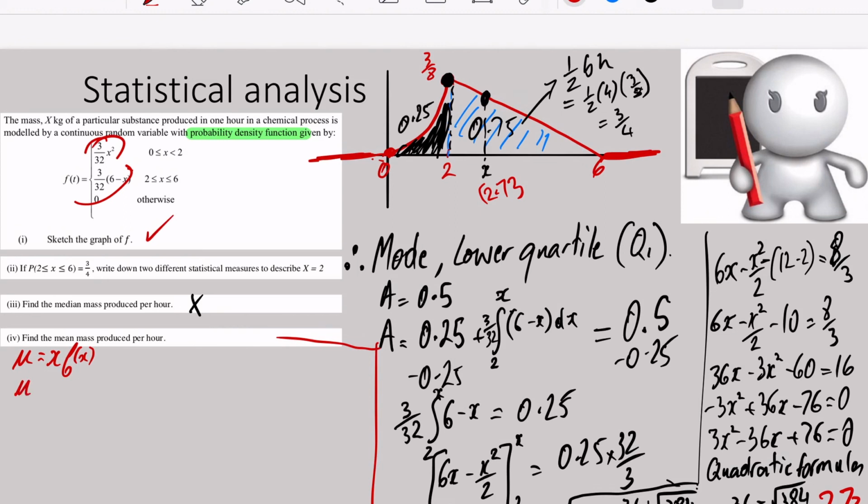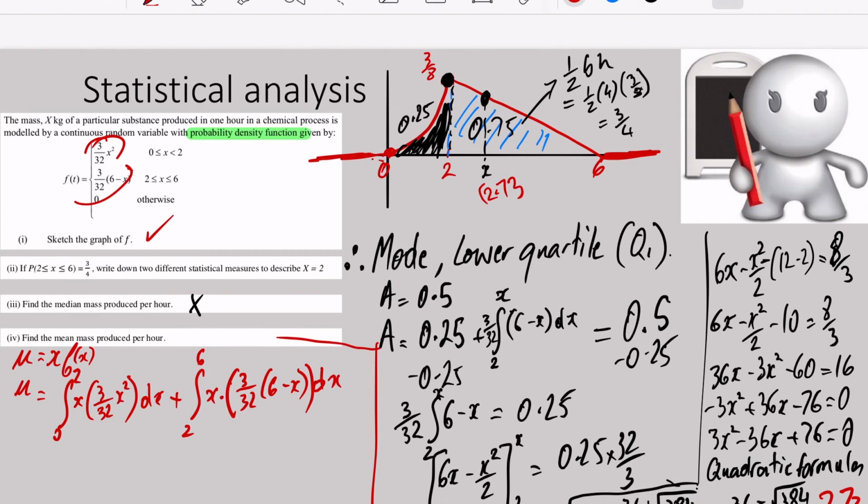So guys, the mean is going to be the integral from 0 to 2 of x, f of x, which is 3 on 32 x squared dx, plus the integral from 2 to 6 of x multiplied by f of x, which is 3 on 32 (6 minus x) dx.